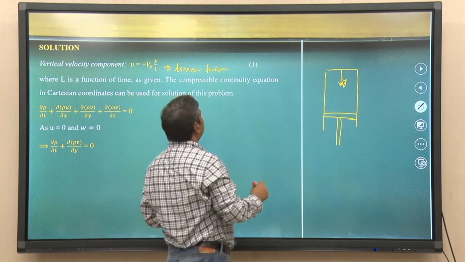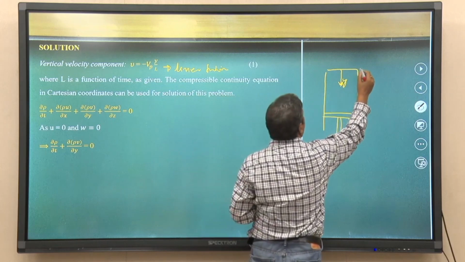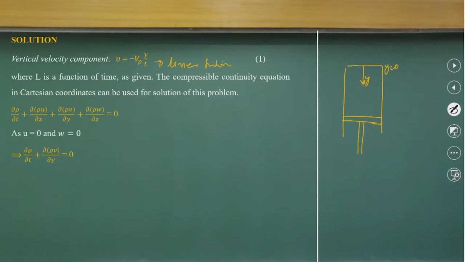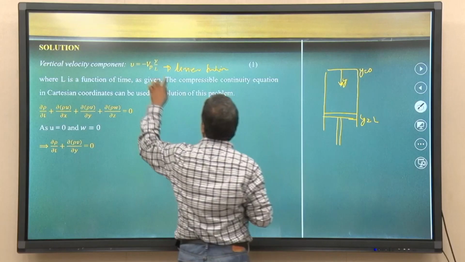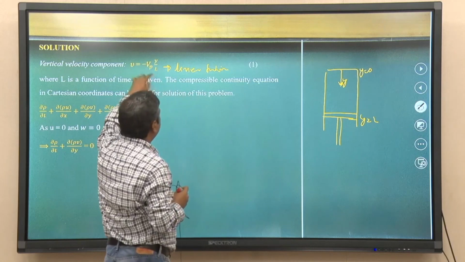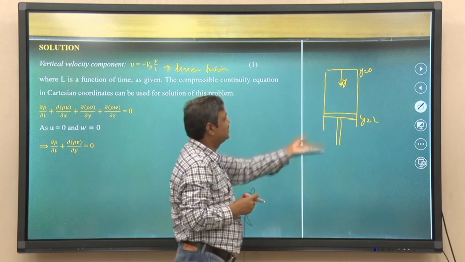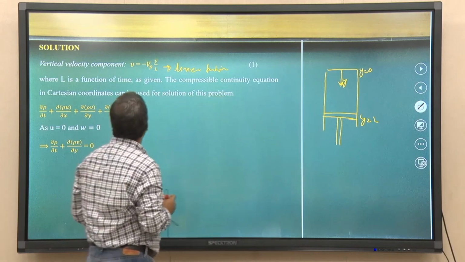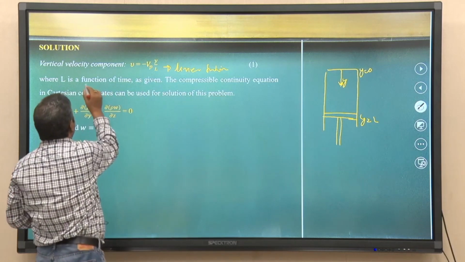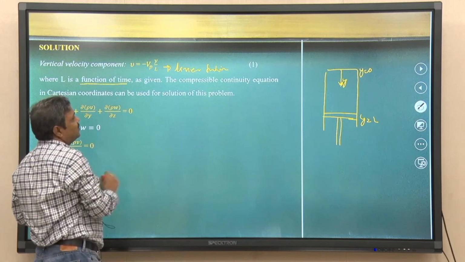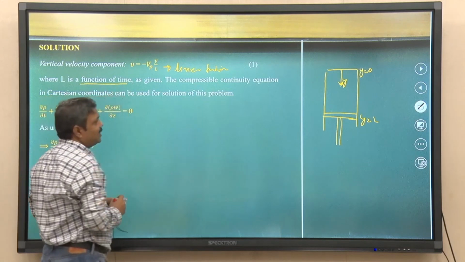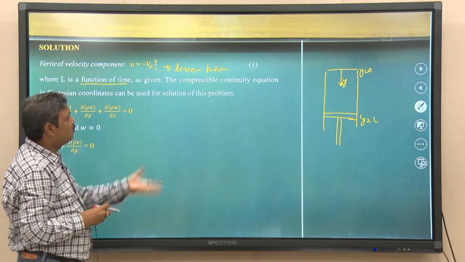That means at y equal to 0, the velocity is 0, and at y equal to L, the velocity is equal to minus Vp. Here L is a function of time.